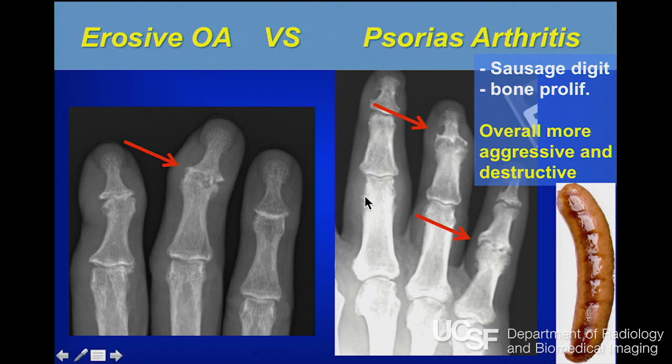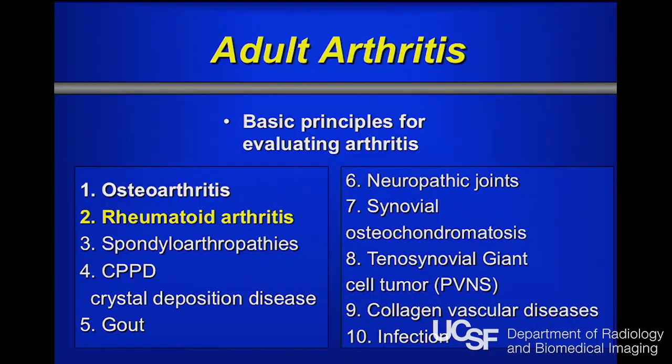Bone here is missing really, and you have these fluffy bony proliferations, which are not really so typical for erosive OA. So this is how you differentiate it. Overall, the picture in psoriatic arthritis is much more traumatic, and the soft tissue swelling is different.